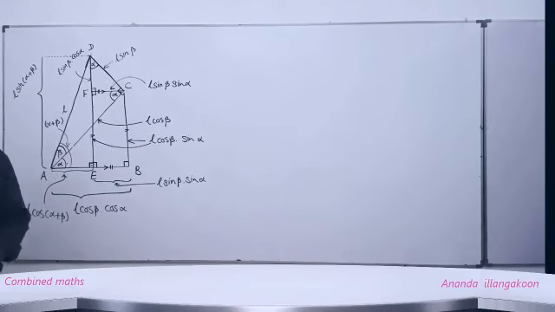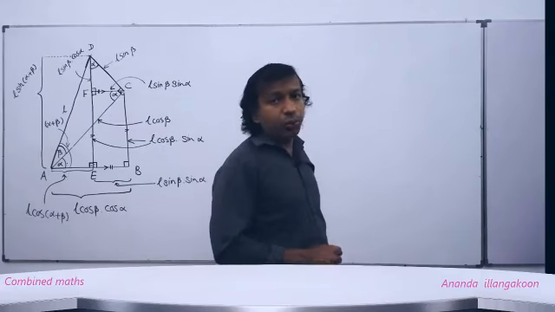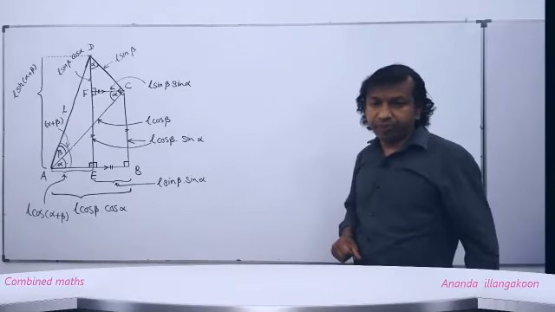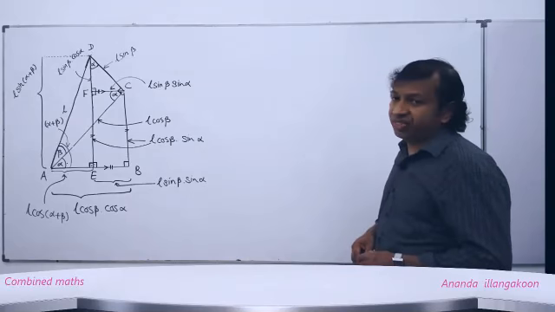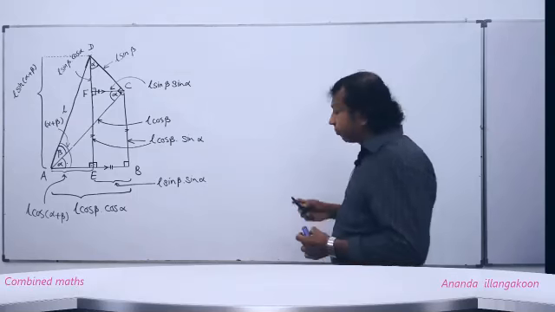With the help of this diagram only, people, now we are going to obtain the first two trigonometric formulae. Understood? Then soon after this, we write another subheading. What is the subheading? Trigonometric formulae.